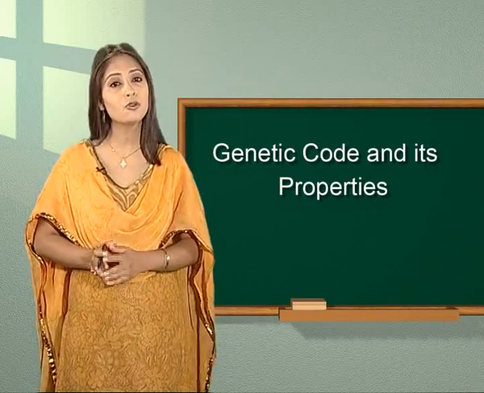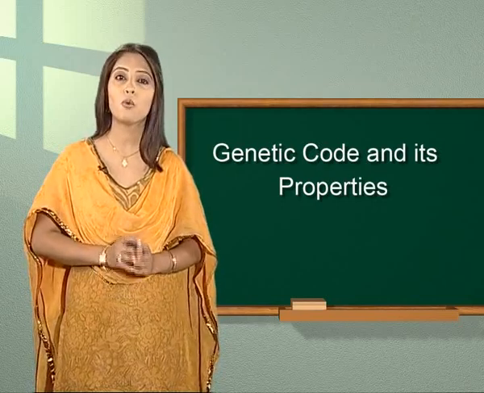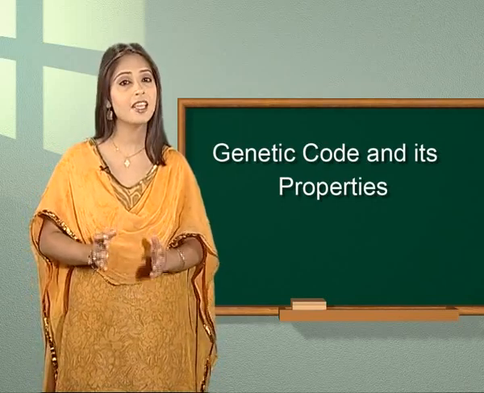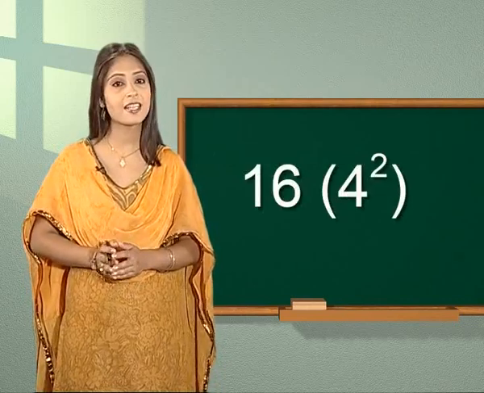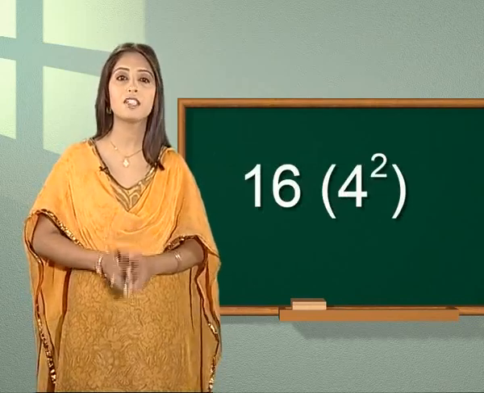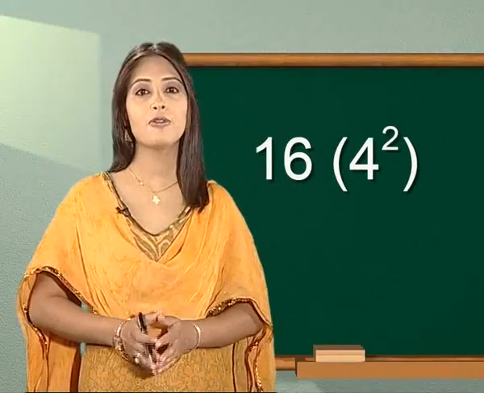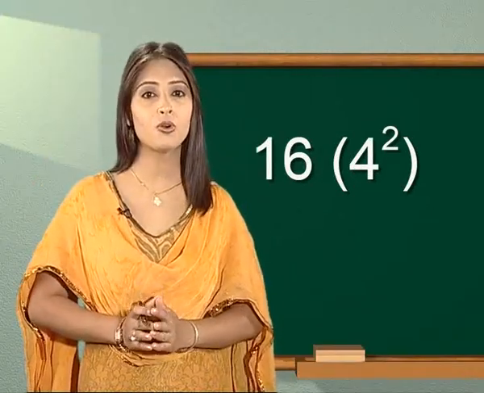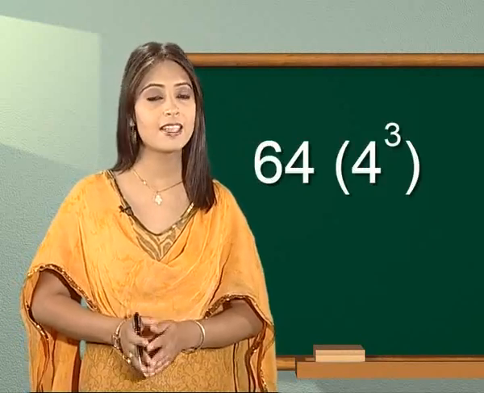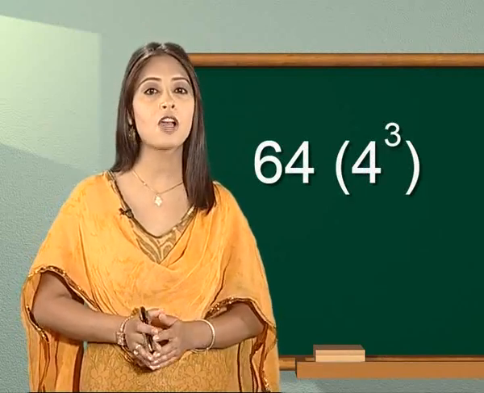Alternatively, if 2 nucleotides specified one amino acid, then there could be a maximum number of 4 into 4, that is 16 possible different codes. If, however, 3 nucleotides code for one amino acid, then there would be 4 into 4 into 4, that is 64 possible different codes, enough to account for all the 20 naturally occurring amino acids.